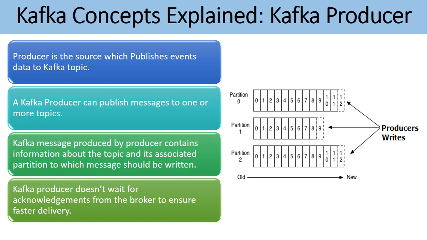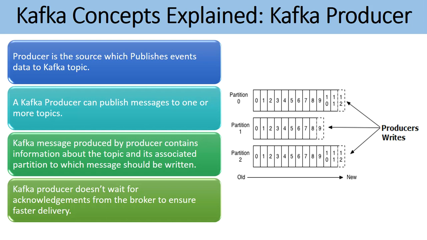As you can see in this diagram, we have partition 0, partition 1, partition 2. All these partitions have offsets. We will talk about these offsets when we talk about topics in a subsequent slide. Based on these offsets, the new messages are written on the top, and the old messages are written with the initial offset.